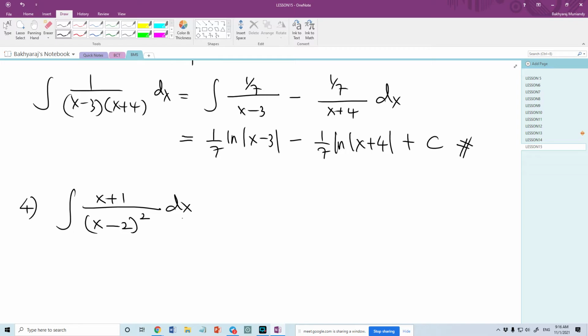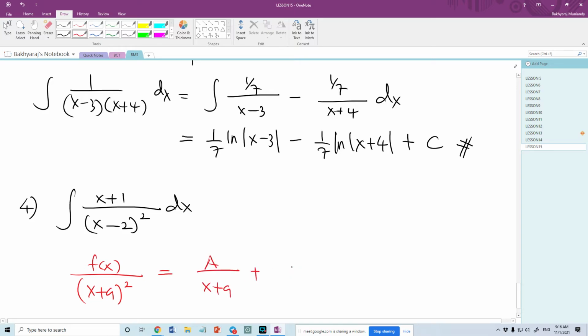Yeah, for this case, I need to use the form number 2. So form number 2, it says what? Form number 2 says when you have partial fraction of function f(x) over x plus a square, then you can break them into a over x plus a plus b over x plus a square.